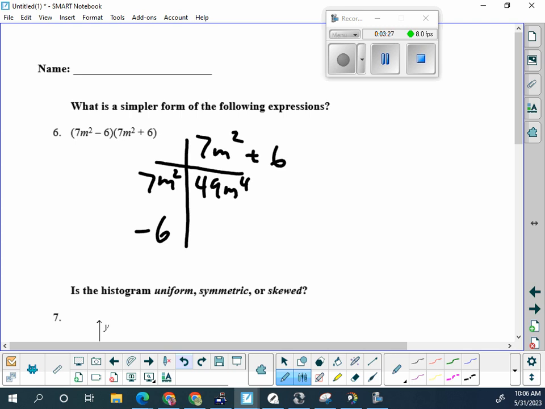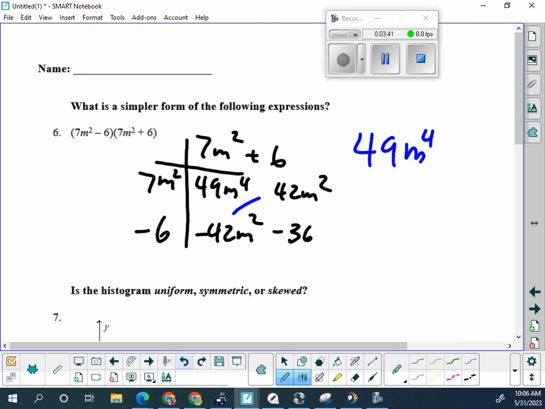This one here is going to be 42m squared. This is going to be minus 42m squared. And then the last one's going to be negative 36. When I combine the diagonals, I get 49m to the 4th minus 36.